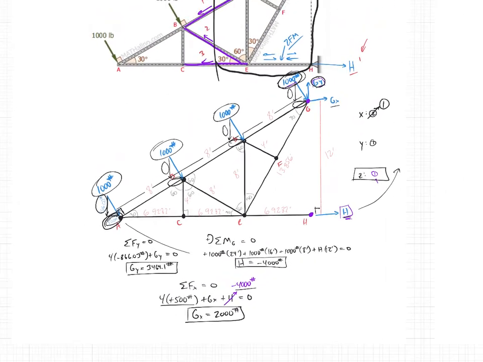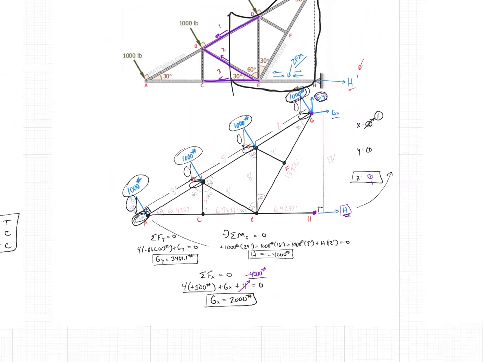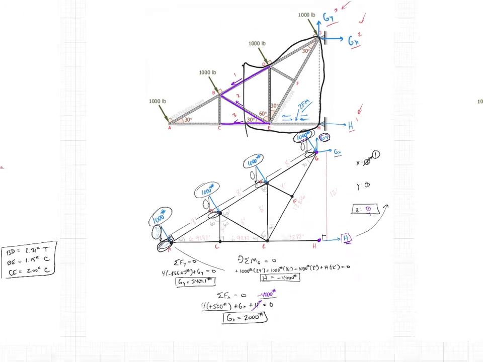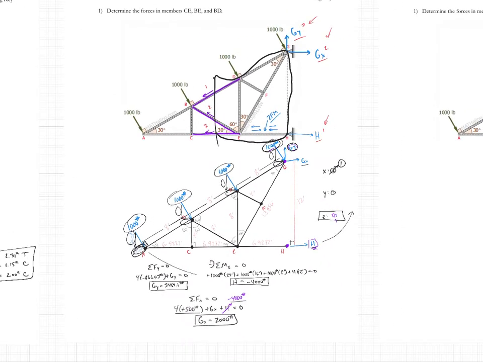Okay. So once we have these things done for us, what we're going to do, I'm not going to erase my work because I'm just so proud of it. I don't want to erase it. So I'm going to go back up here, and I guess I have a highlighter, so maybe I can highlight this section that I'm going to draw. I'm going to draw this section, right? But this time, I know what the forces on the outside of it are.